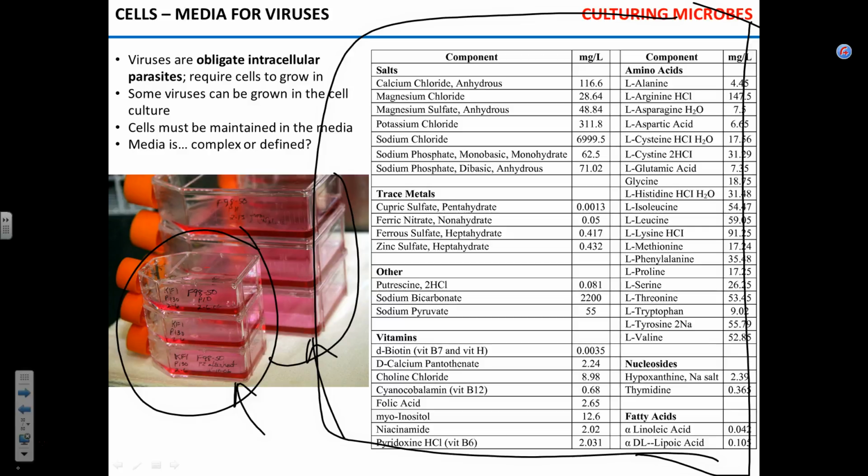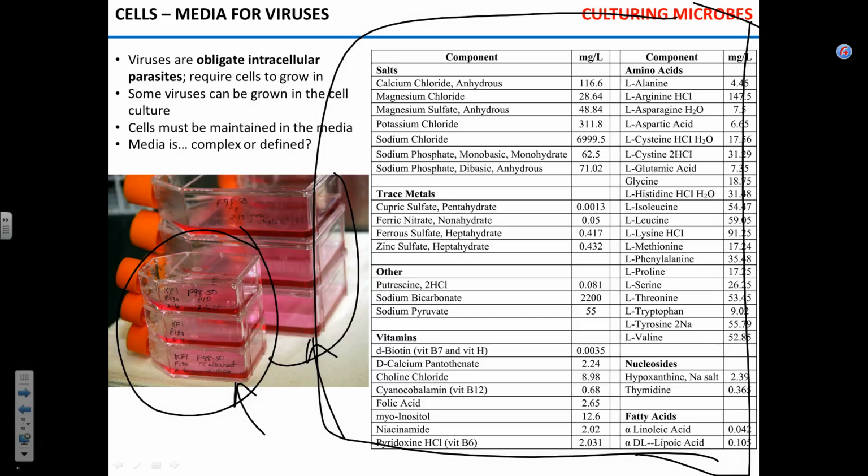When calves get butchered, should I say that? Butchered? Okay, when they get butchered, they collect the blood, they isolate the serum, and that serum is used for cell growth purposes. It contains growth factors that cells need. Okay, so you immediately turn it into the complex.